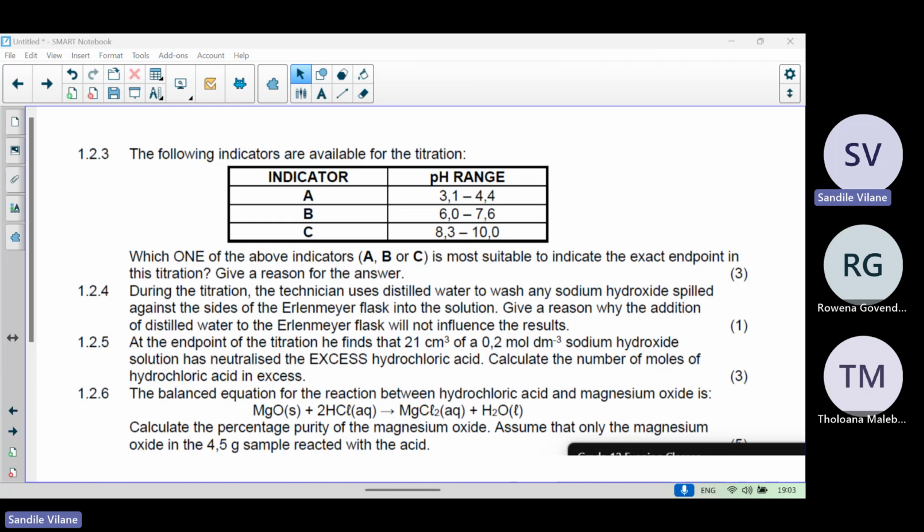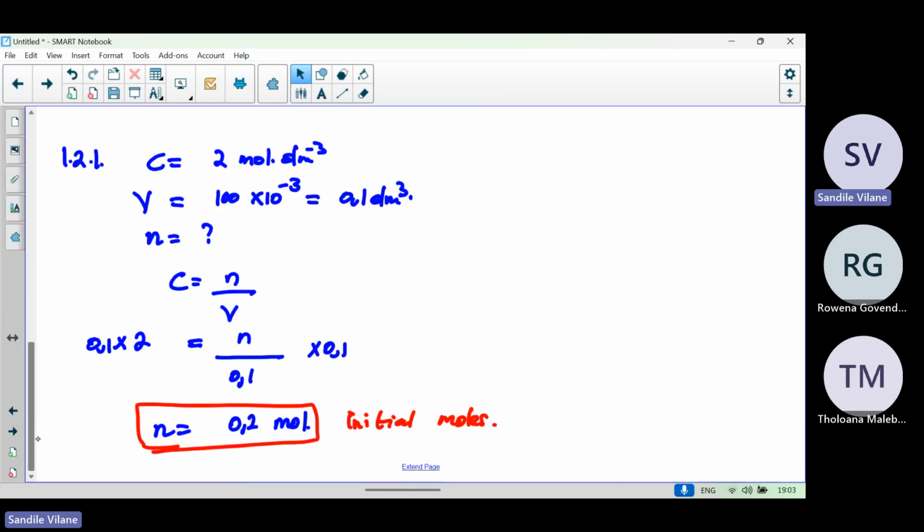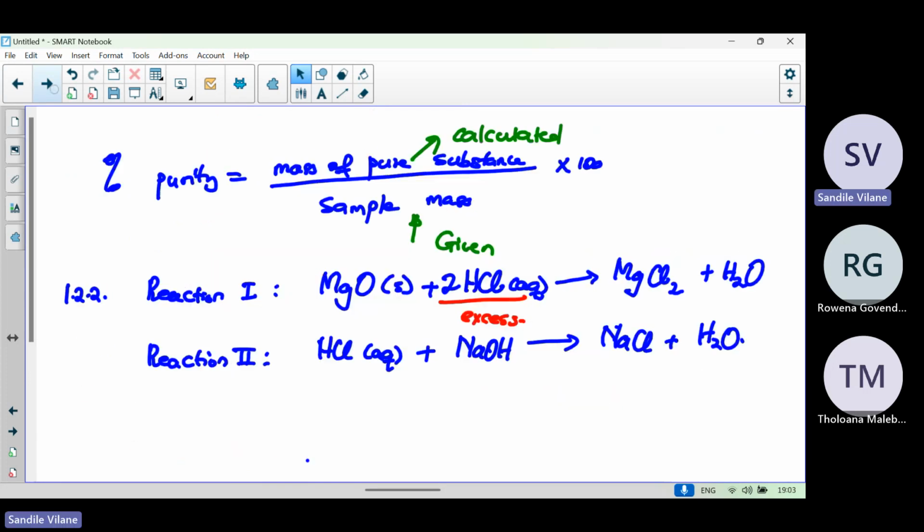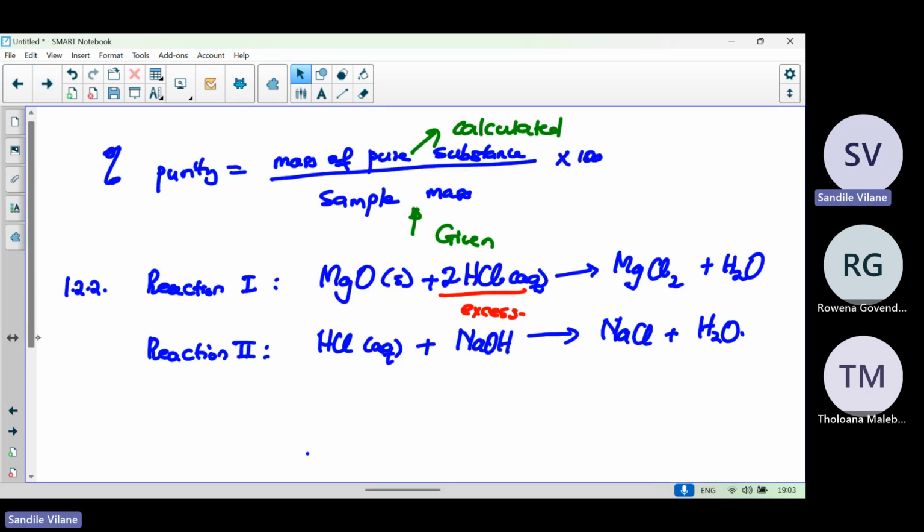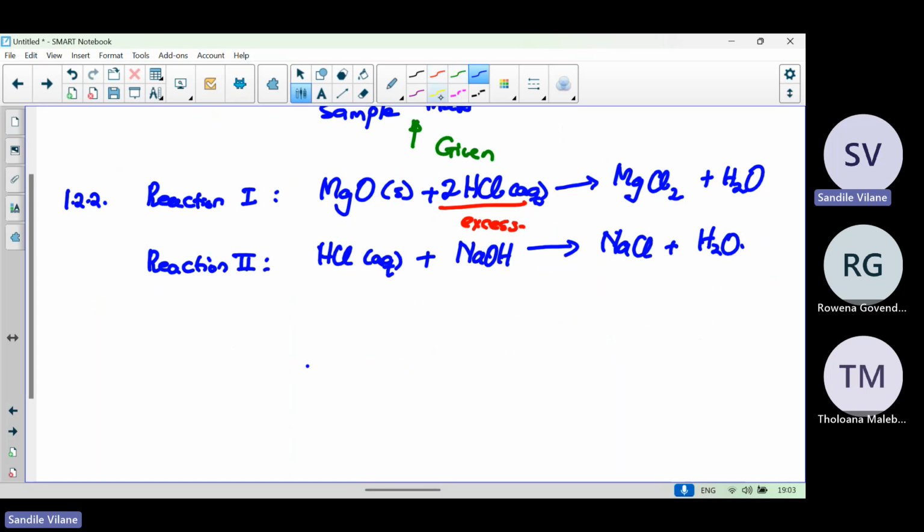So it will depend on whether you are titrating a strong acid and a strong base, or a weak acid and a strong base, or a weak base and a strong acid. So in your case, both your acid and base are strong. In reaction number 2, hydrochloric acid is a strong acid. This is also a strong base. Therefore, the salt that is formed is neutral.